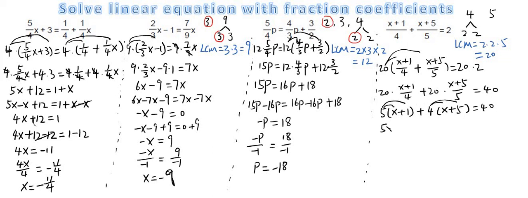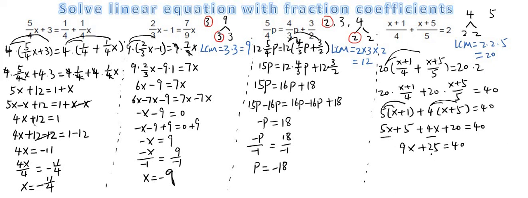So 5x plus 5 times 1 is 5. 4x plus 4 times 5, 20, equals 40. We can simplify: 5x plus 4x is 9x, 5 plus 20 is 25.